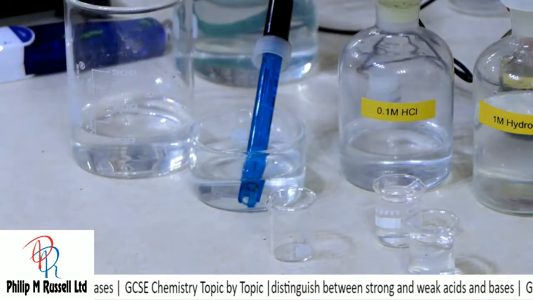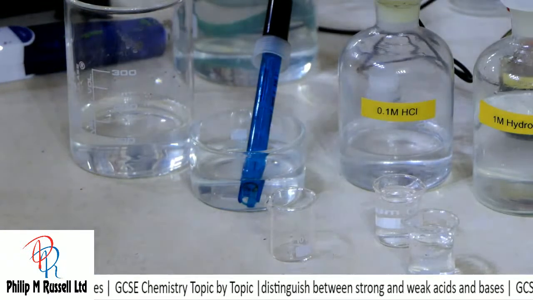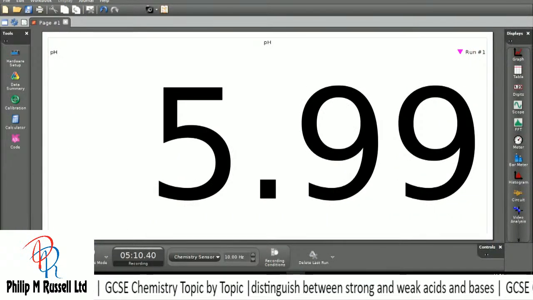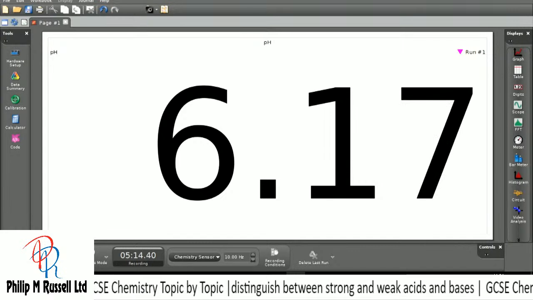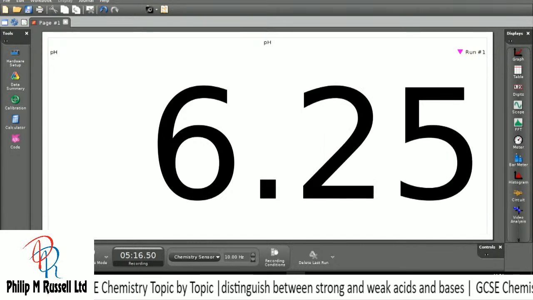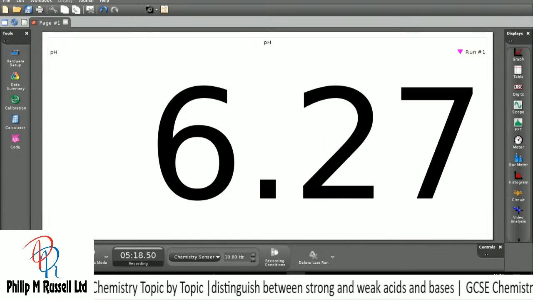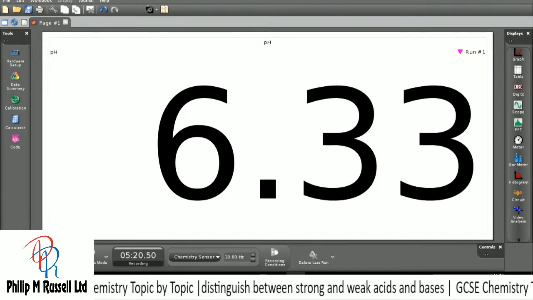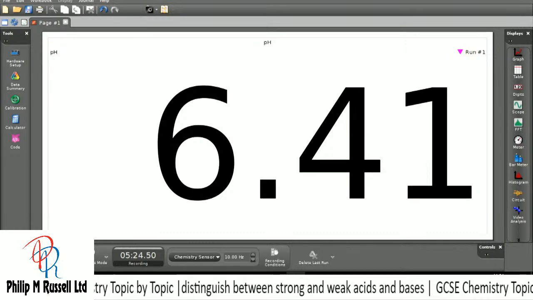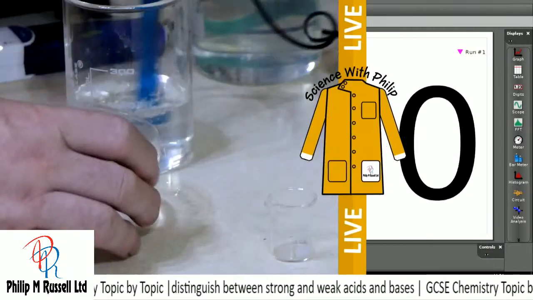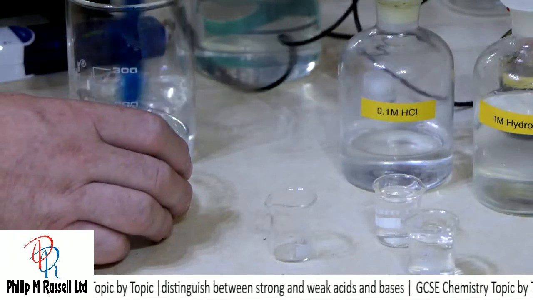So my pH is gradually returning back as I clean this in some water.